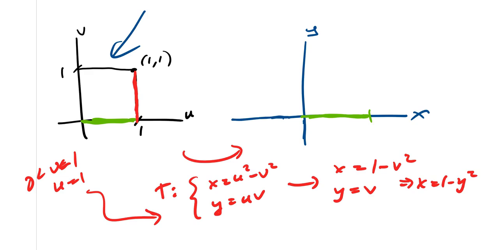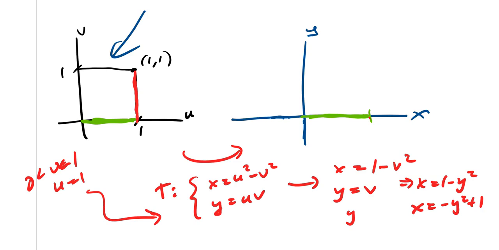And so that is a parabola that is sideways. If you move things around, it's x equals negative y squared plus 1. Let's move up 1 and then upside down. And so u is always 1 and v goes between 0 and 1.